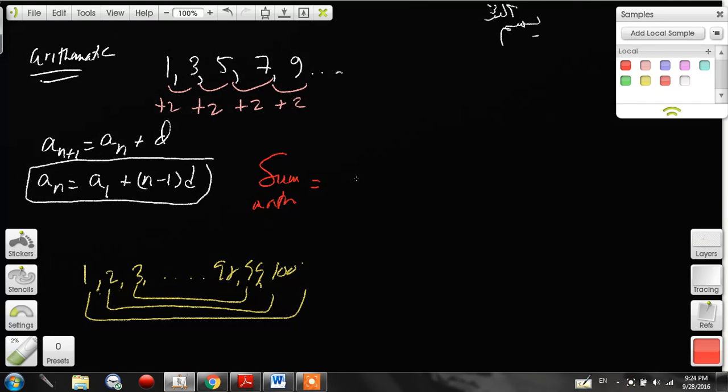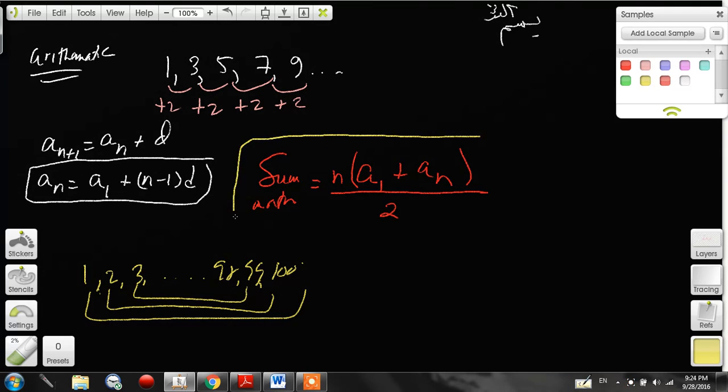So the sum of an arithmetic sequence is, take the first term and the last term, and you divide it by half the number of terms, like this. That's the sum of an arithmetic sequence.